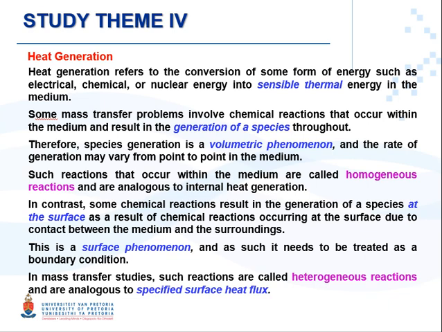But on the other hand, some chemical reactions result in the generation of a species at the surface. Why does this happen at the surface? Due to the contact between the medium and the surroundings. Because it is a surface phenomenon, you can find an analogy between it and a boundary condition.